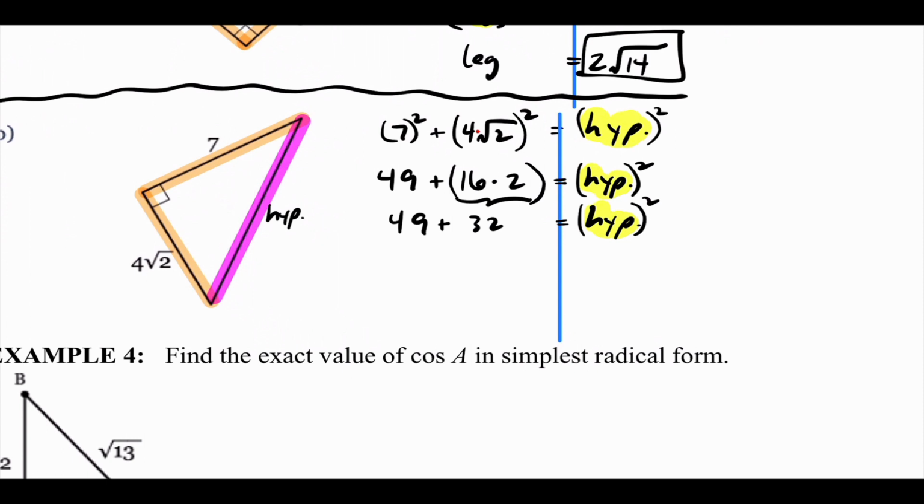49 and 32 are both on the same side of the blue line, so I don't have to do the opposite. I can just add them. So when you do that, 81. Square root.